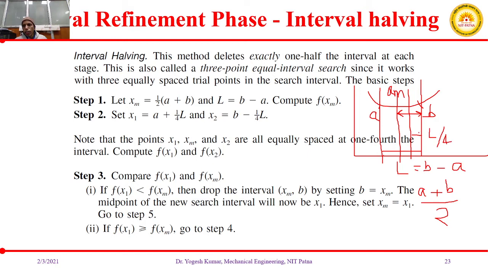I hope this diagram, which I am drawing on the PPT, is visible. This is exactly at the mid of this half region, so this will be L by 4. Again, for the other side, we compute another point which will be at equidistance from xm and a. So this will again be L by 4.